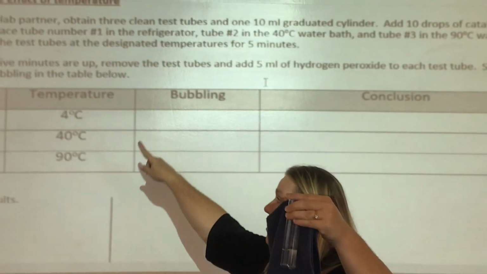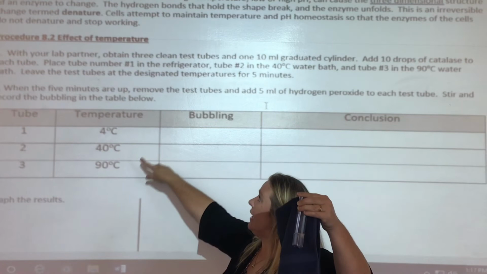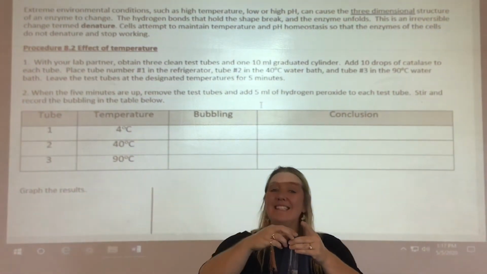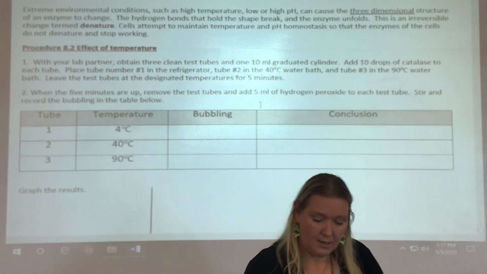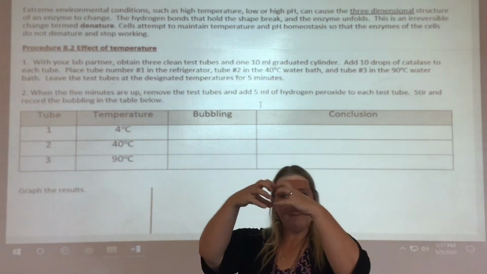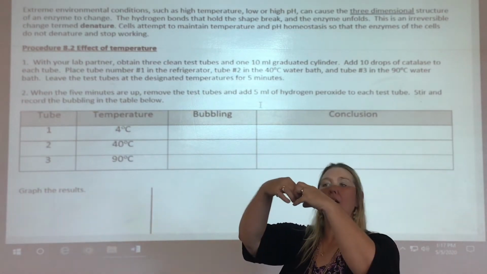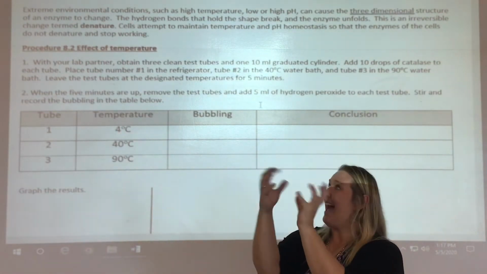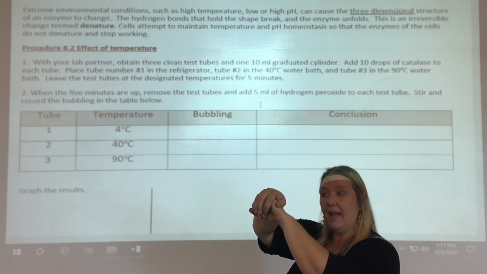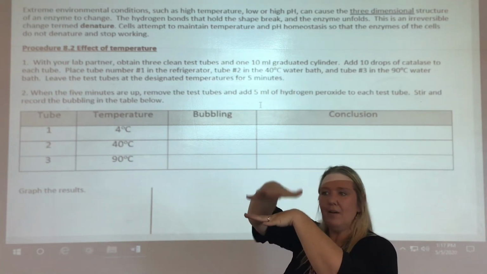We heated it up like cooking an egg, and so, as in the top paragraph on the screen right now, we denatured it. That heat broke down the hydrogen bonds of that enzyme, unfolded that active site where the hydrogen peroxide would bind to it. It unfolded that, and so now it can't bind to it.